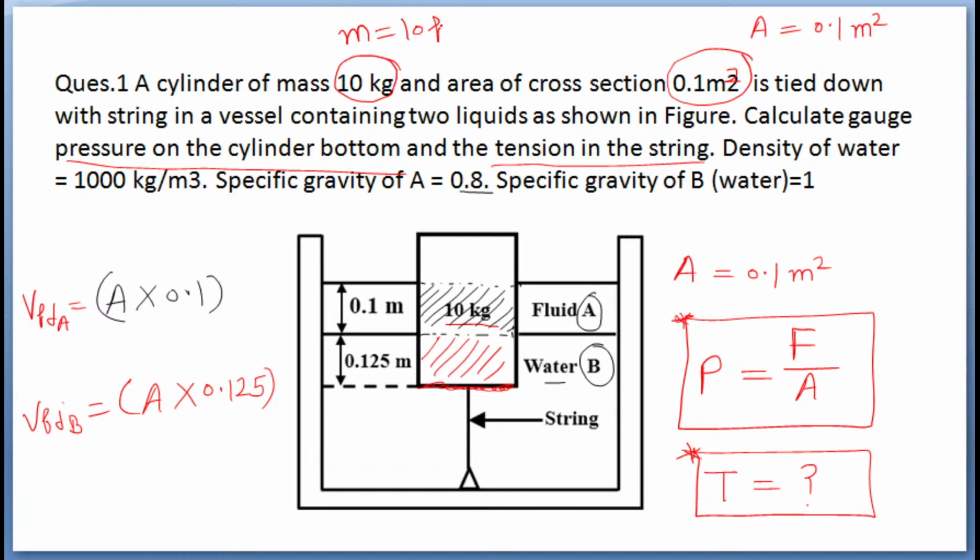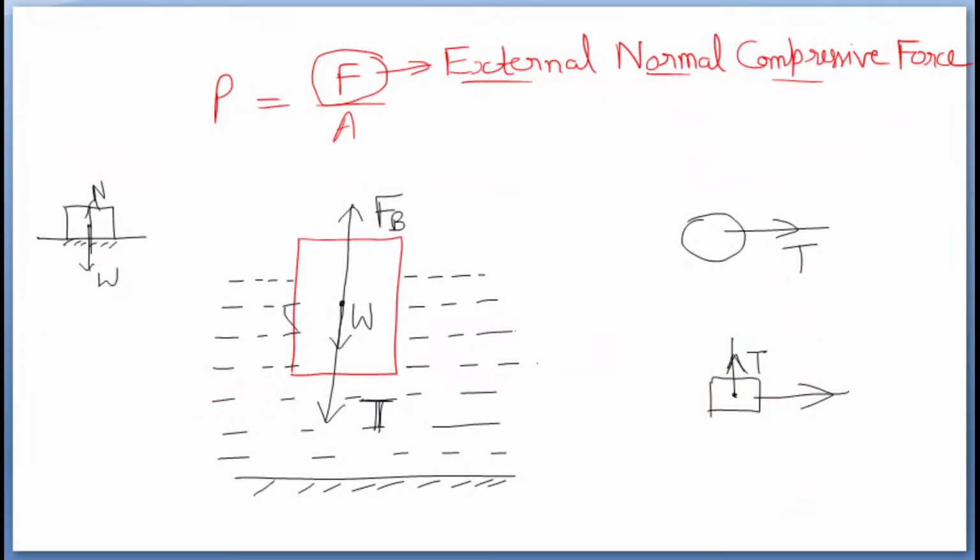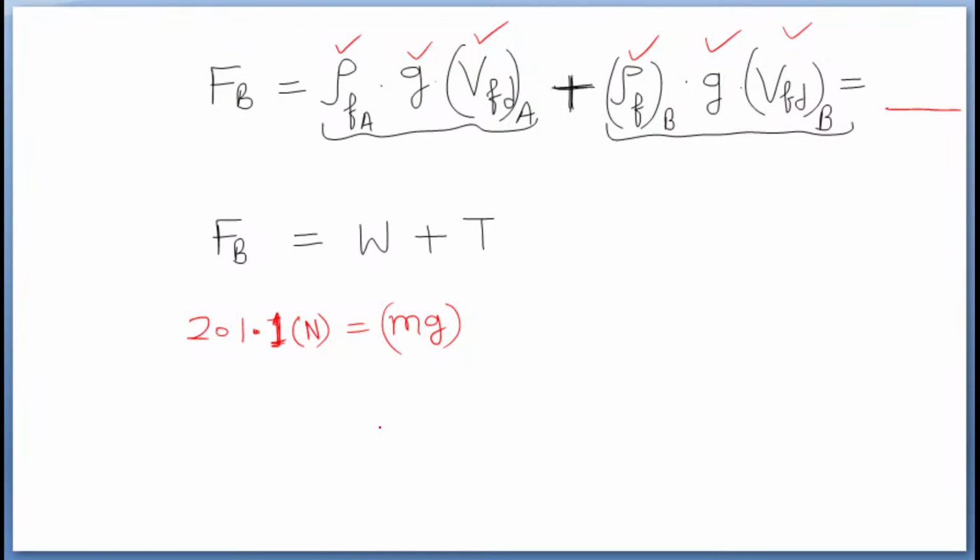The difficult part I have already discussed. Rest things are very simple. And g is known to you, 9.81, plus T. So you will calculate, mass is 10 and g is 9.81. You will get 98.1. Very simple. From this equation you can calculate tension.